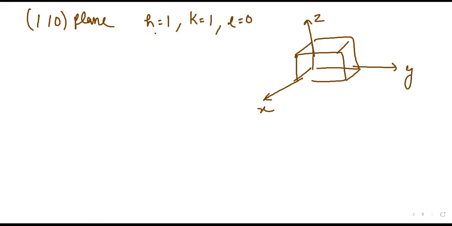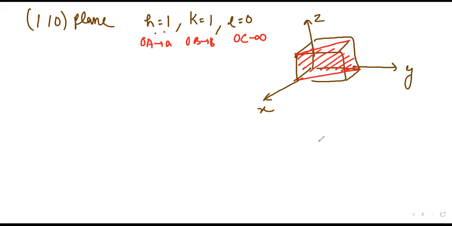So they will talk about x: h is equal to 1 means OA approaches A. Here k is equal to 1 means OB approaches B and OC approaches infinity. So we are talking about a plane from x-axis to y-axis. They are talking about this plane.